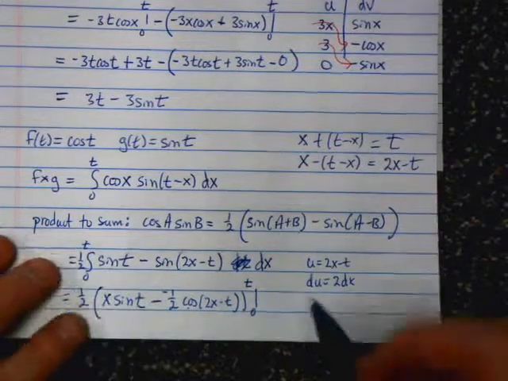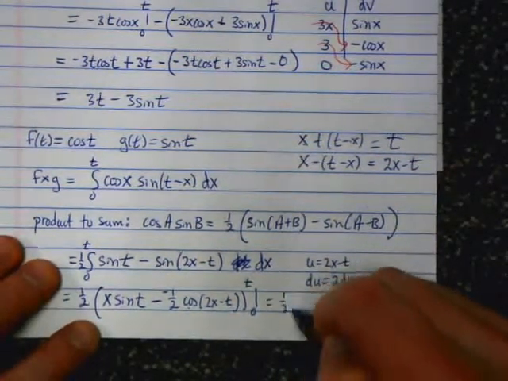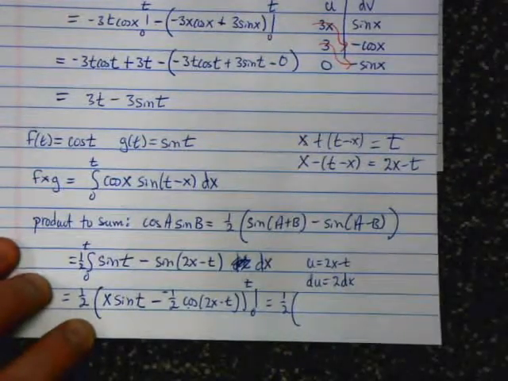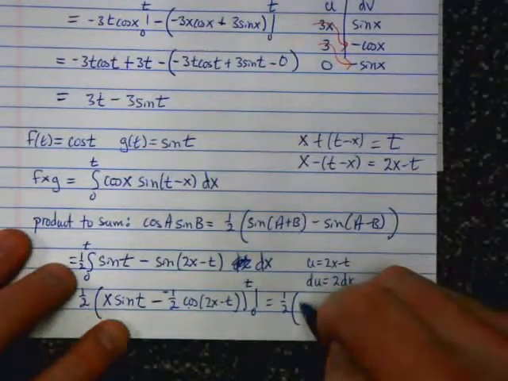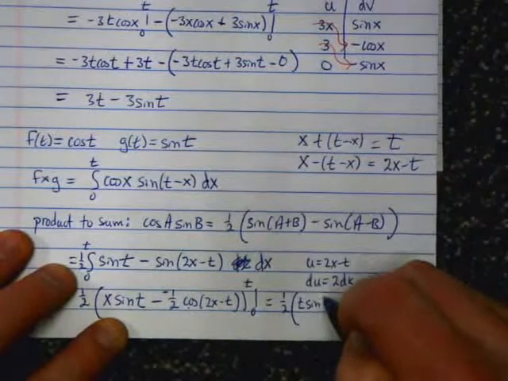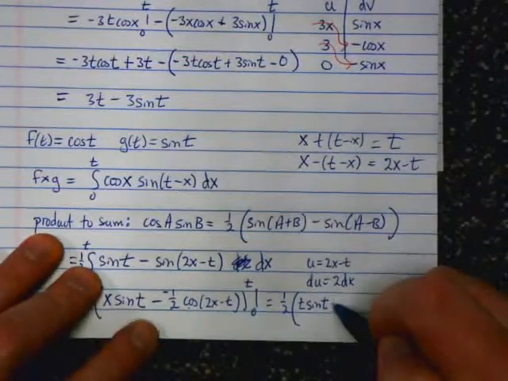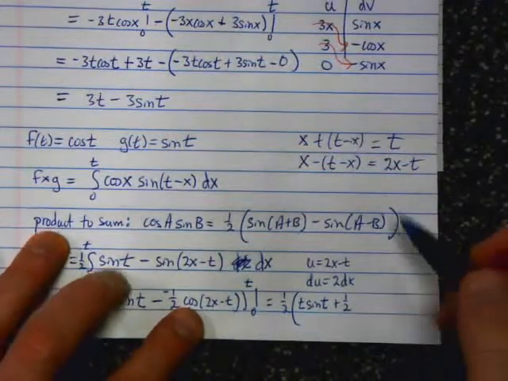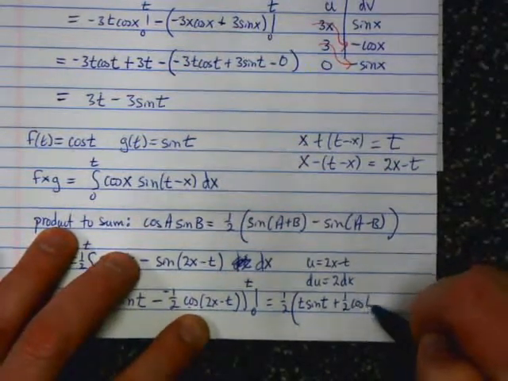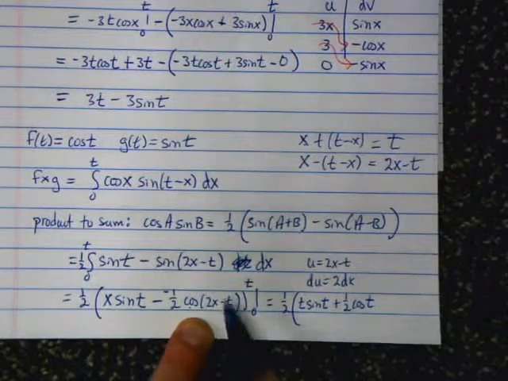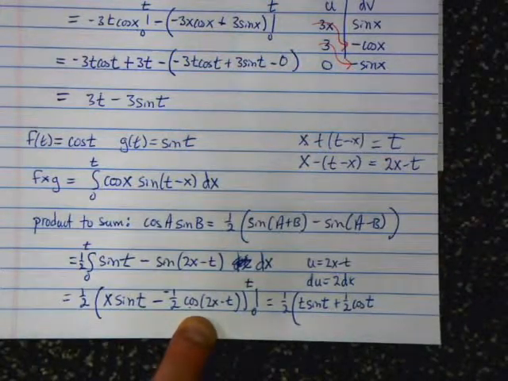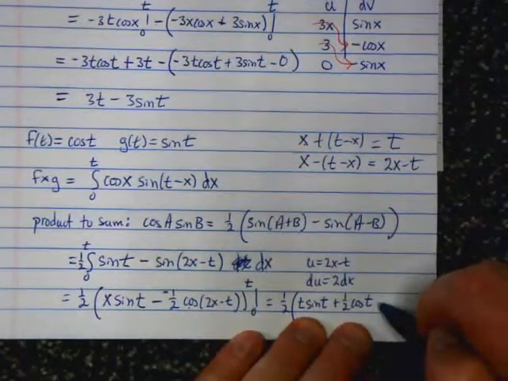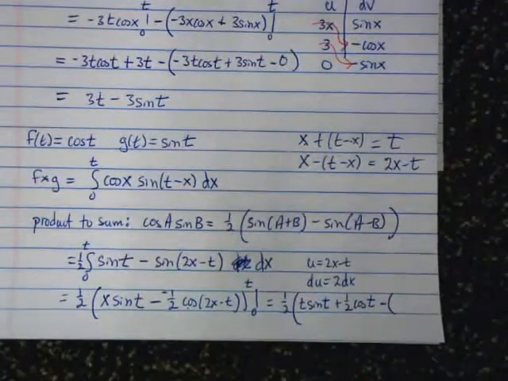Okay, so this is 1/2 times. I plug t in. When I plug t in, I get t sine t plus 1/2 cosine t, because I'm going to have 2t minus t, that's just t, minus, I plug 0 in.